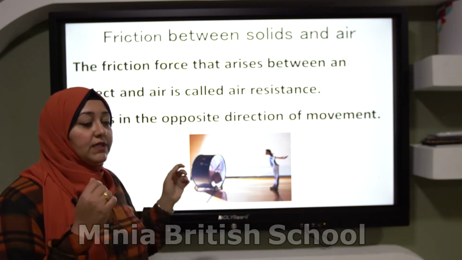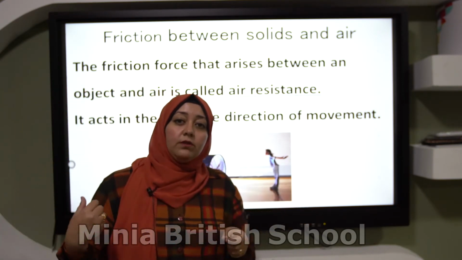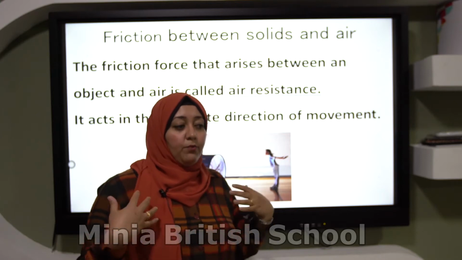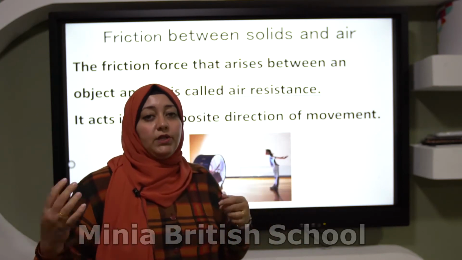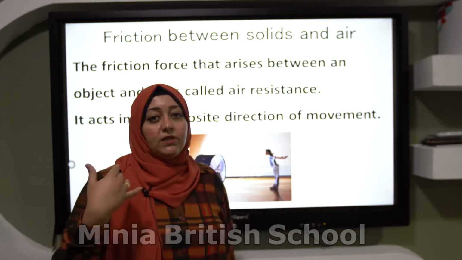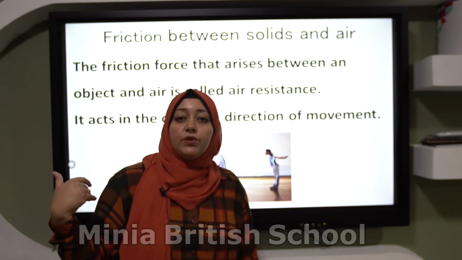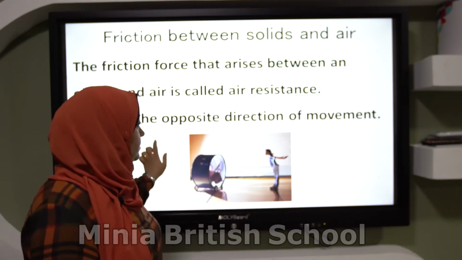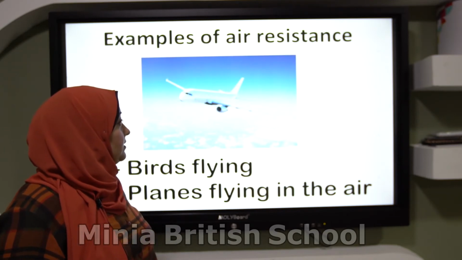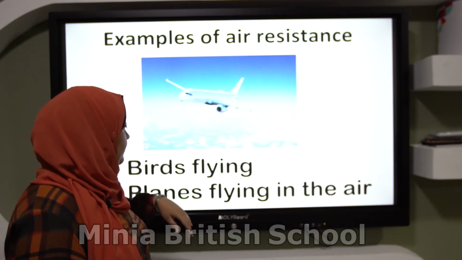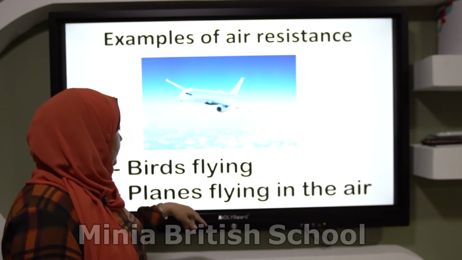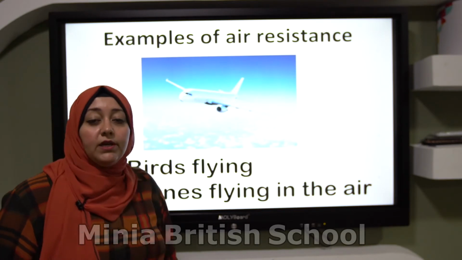Also, the air resistance will be in the opposite direction of the object. If I'm moving here in the air, or any car will move in the air, in the opposite direction there will be the friction force. Like the planes which fly in the air, or the birds which fly in the air.